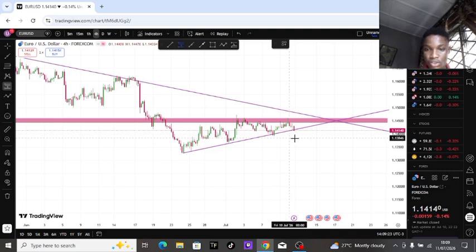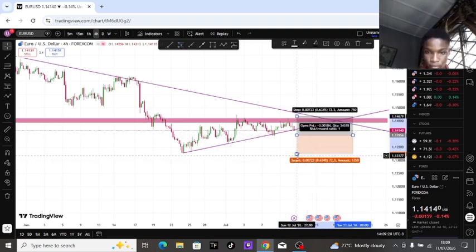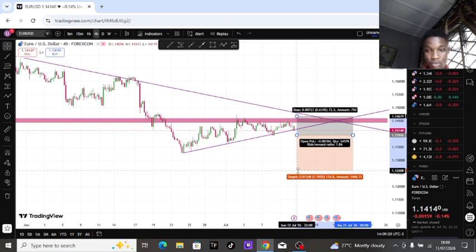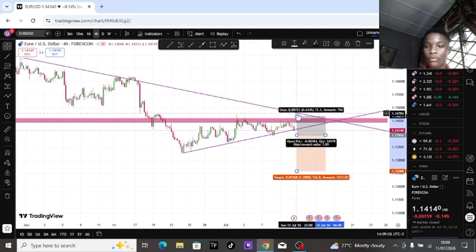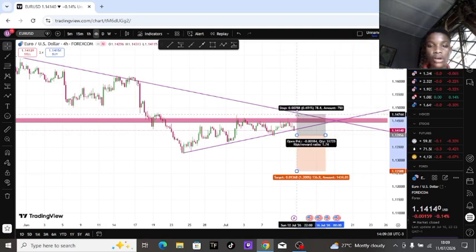So I'll be having a short around here, targeting 1 to 2. If I'm not having a 1 to 2 trade, I'm not taking that trade. 1 to 2, 1 to 3, put my stop loss.